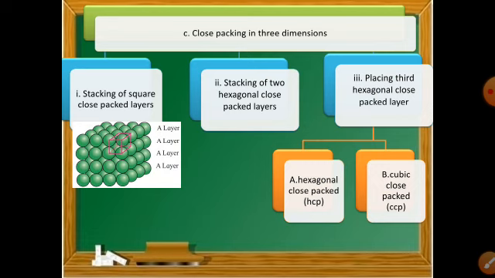Then if we observe vertically as well as laterally, you will find that all the spheres have the same alignment. Okay, they are present in the same line. Such an arrangement is called an AAA type 3-dimensional arrangement. And if we join the 8 spheres, then you will get a cube shape structure.